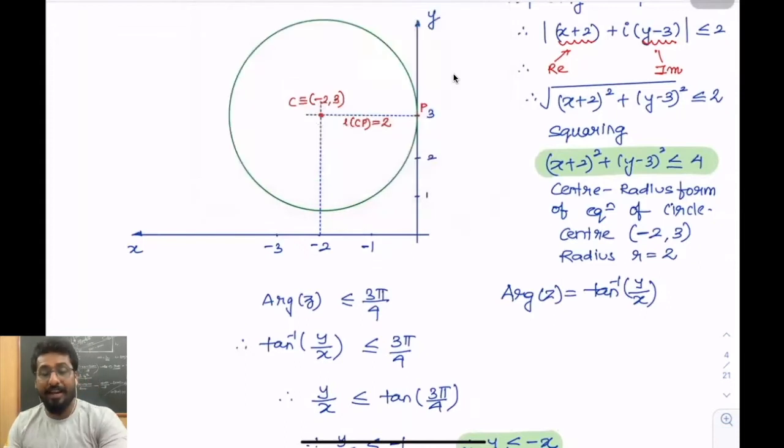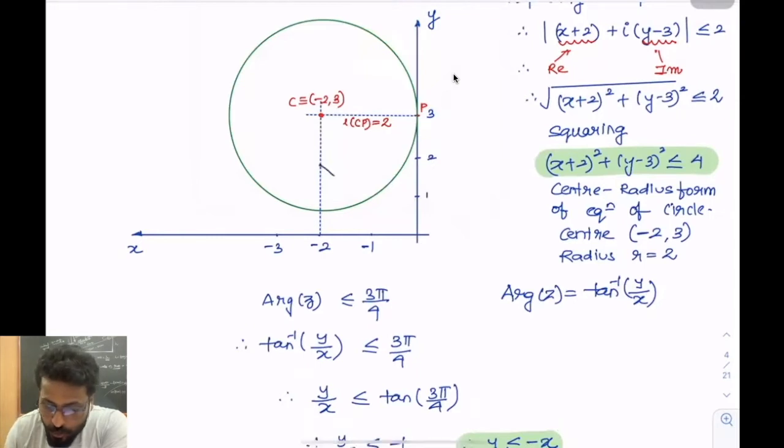So I'm going to draw a line which is going to pass through origin, and it will definitely pass through the point -1, 1. X is negative, right? X negative, -1, and y will be positive 1, or it can be -2, 2, isn't it? So I'm going to draw a line which is going to pass through these points.